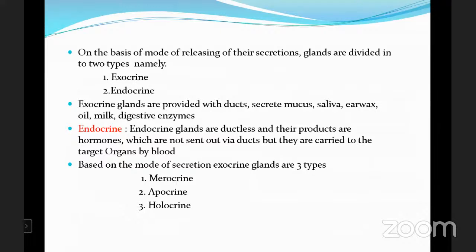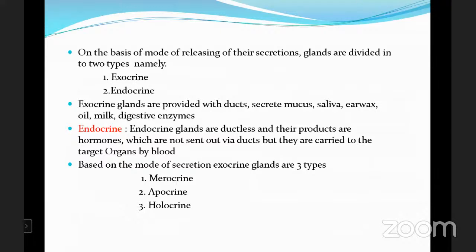Now let us learn about the endocrine glands. Endocrine glands are ductless. Especially we should mention that they are ductless, and their products are hormones, which are not sent out via ducts but are carried to the target organs by blood. How do they reach the target organs? With the help of the blood. So this is about exocrine and endocrine.